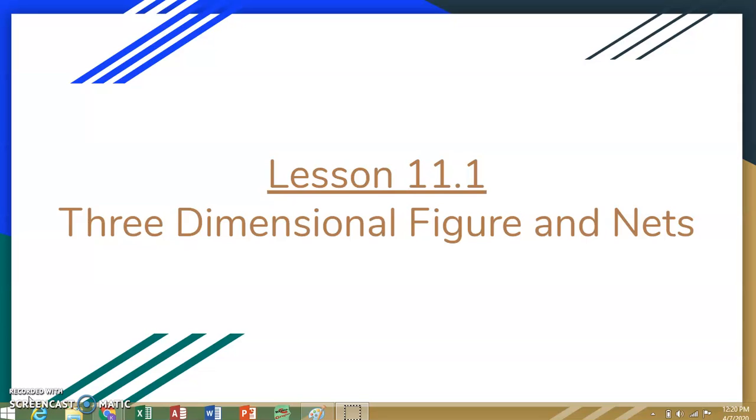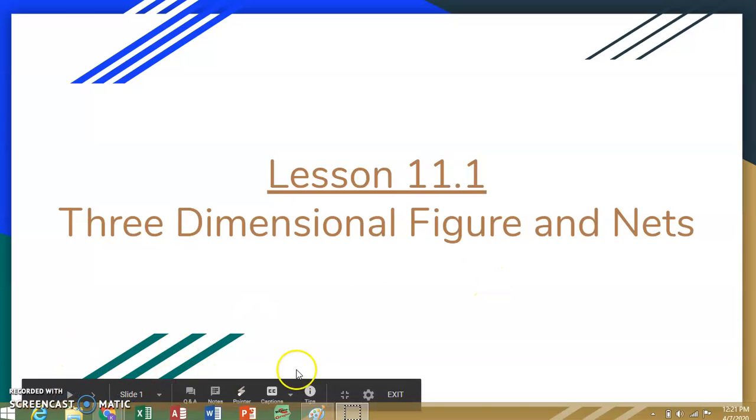The difference between a 2D and a 3D figure is that a three-dimensional figure has three dimensions. For example, a box that might come in the mail has that length and that width, and then it also has height, and that's what gives it that third dimension. Alright, and then we'll get into what a net is in just a moment.